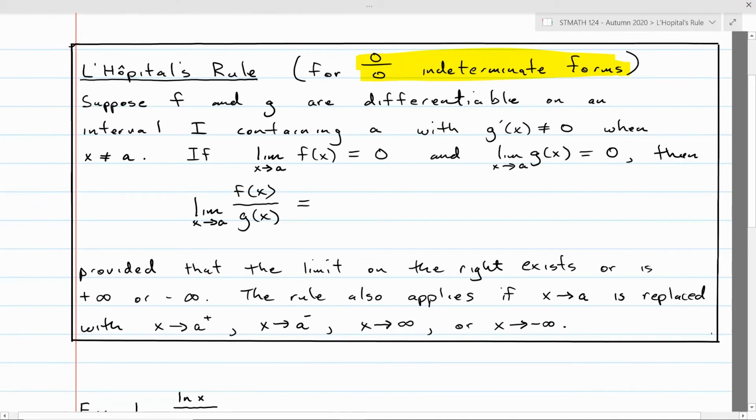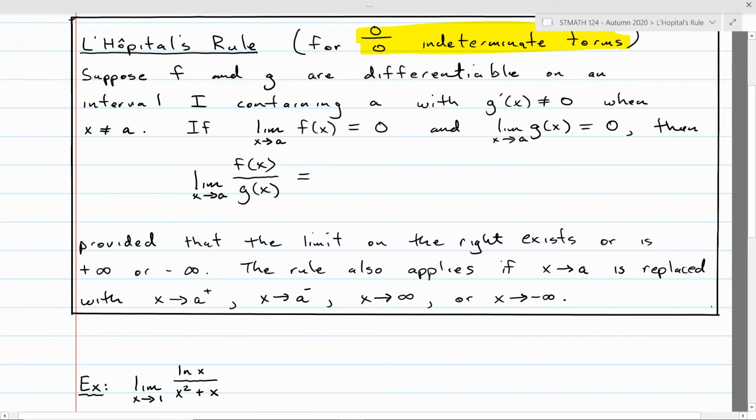So the setup is, suppose that you have two functions, f and g, and they're both differentiable on some interval that contains the point a that you're taking the limit toward. And we need to assume that the derivative of g is not equal to 0 on that interval, except for possibly at x equals a.